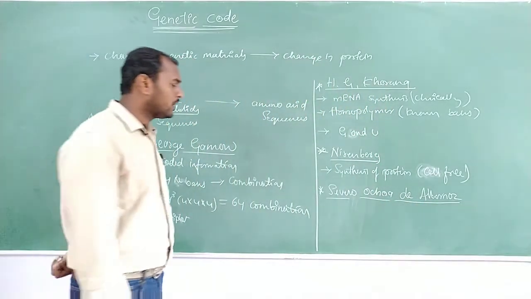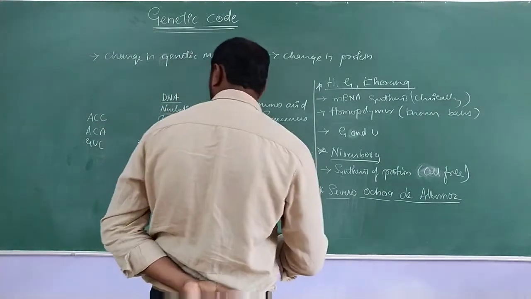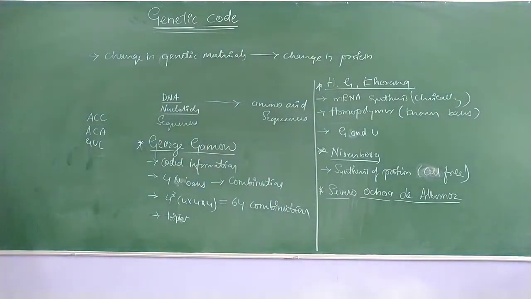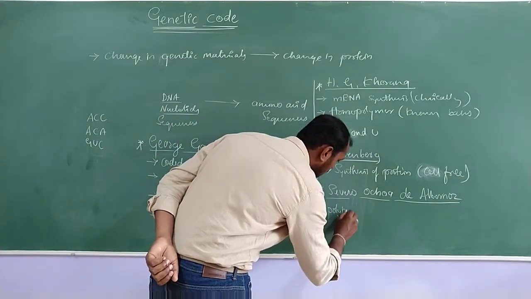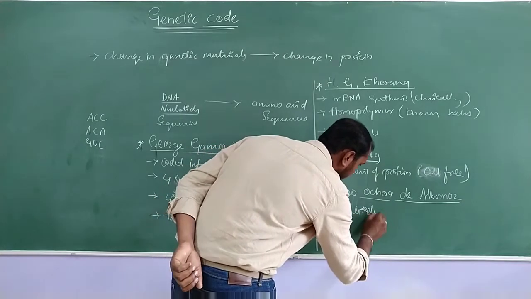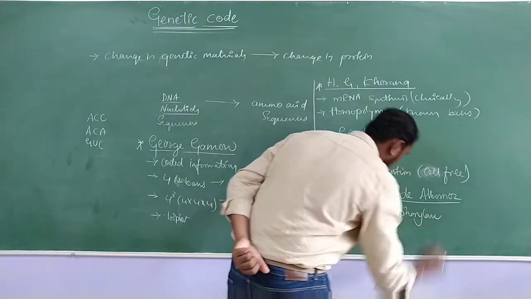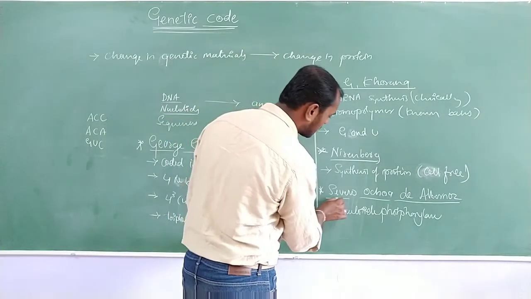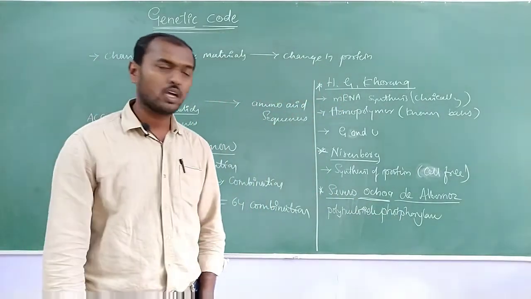So he identified an enzyme called Severo Ochoa enzyme or polynucleotide phosphorylase. Okay, this polynucleotide phosphorylase is now popularly known as the Severo Ochoa enzyme. So they call this the Severo Ochoa enzyme also.